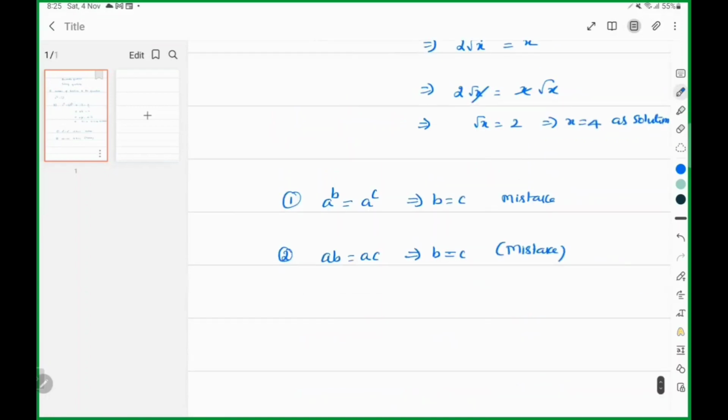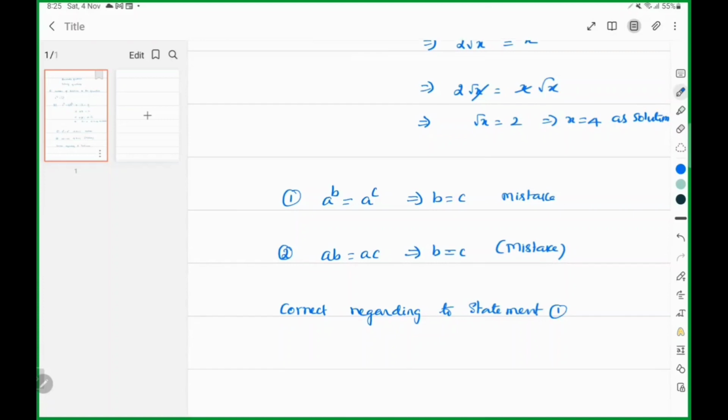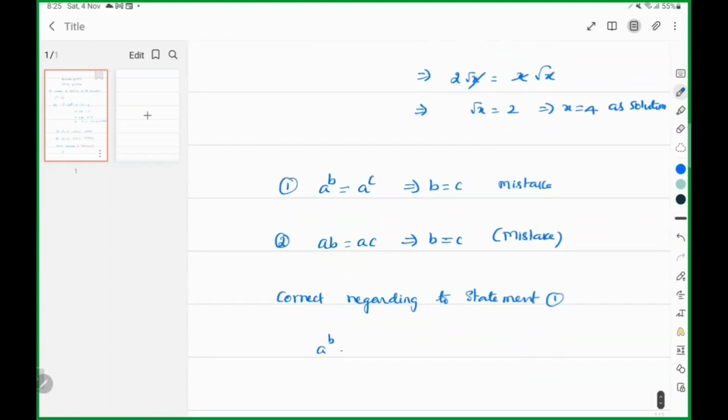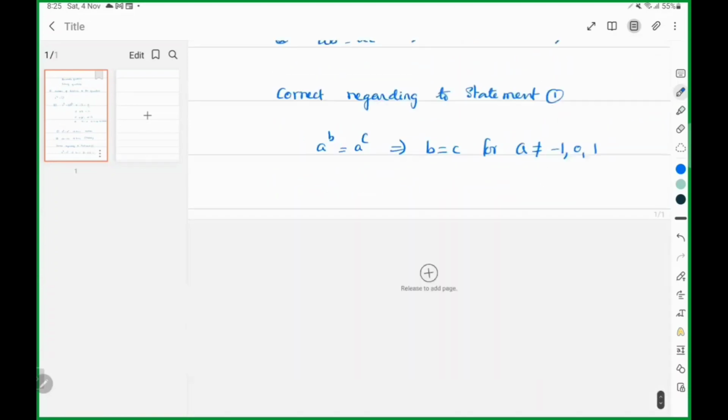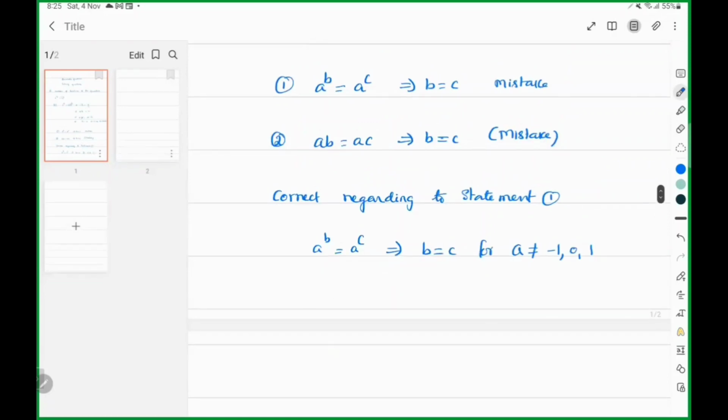So then what is correct regarding statement 1? A power B equal to A power C implies B equal to C, for A not equal to these exceptional values. The question arises, why such exceptions?